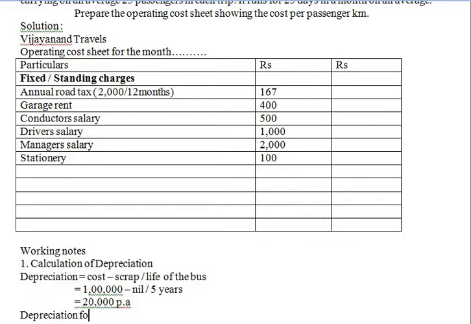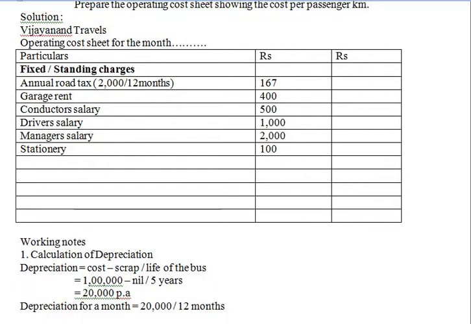Now next, depreciation for a month, which is equals to 20,000 divided by 12 months. Okay, now that's equal to 1,667.